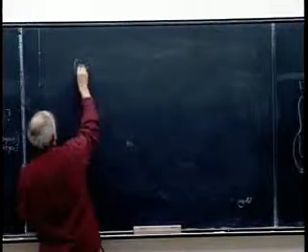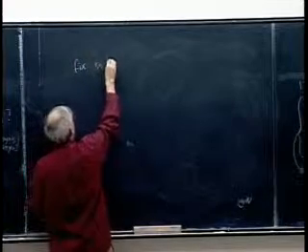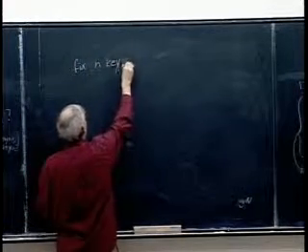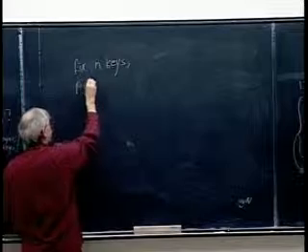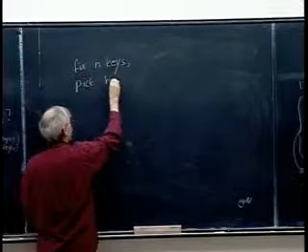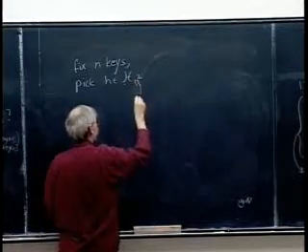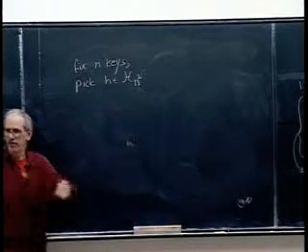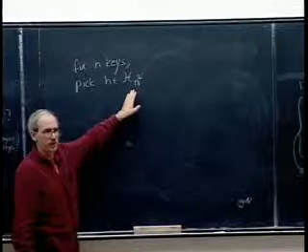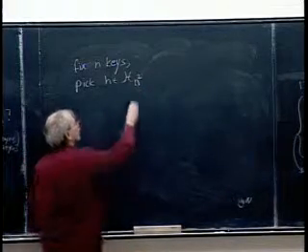So we fix n keys, pick a random h, and let me not worry about the universe size. So we're just mapping to a table of size n squared.